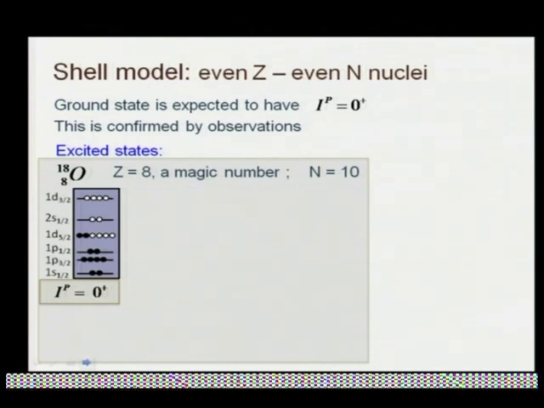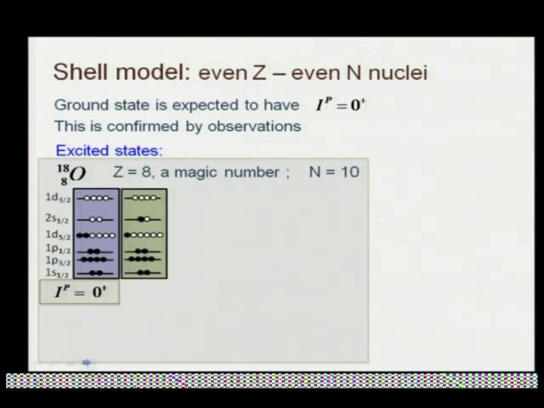So, the configuration is 2 neutrons in the lowest 1 s half, 4 neutrons in the next 1 p 3 by 2, 2 in the 1 p half, completing the inert core with magic number 8, and then you have 1 d 5 by 2, which has 2 neutrons in it. I p is anyway 0, there are no unpaired ones.